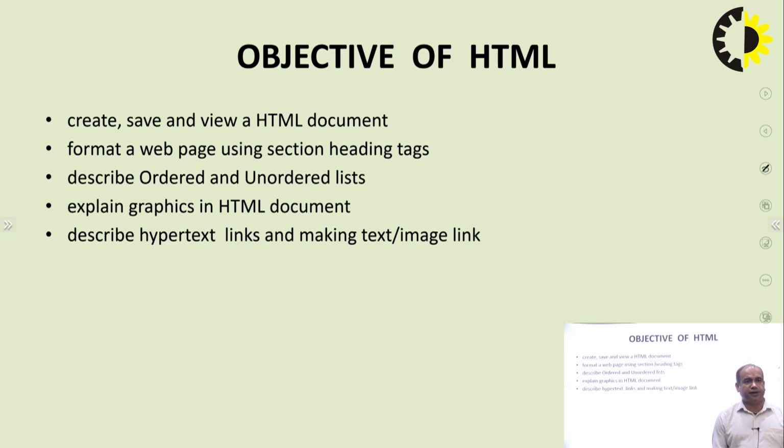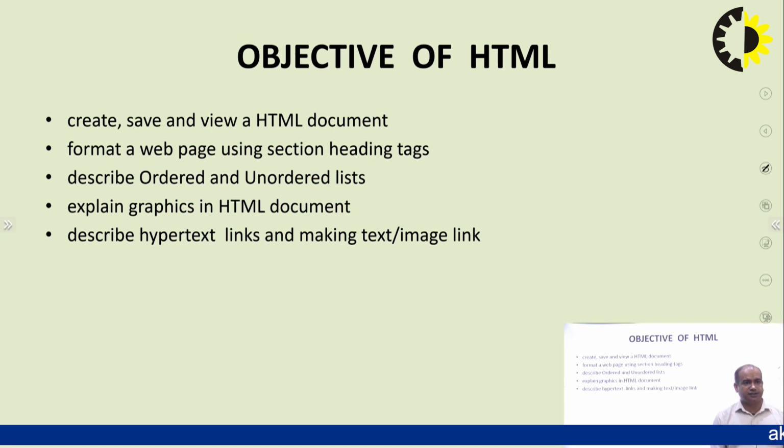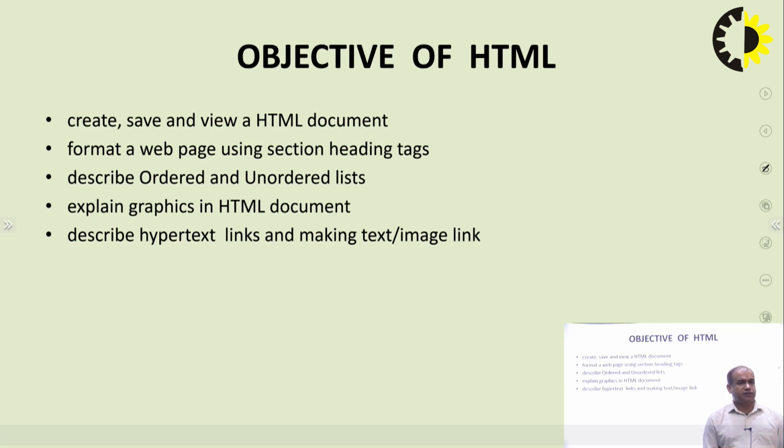So the objective of HTML is to create, save and view a document, format a web page using section heading tags, describe ordered and unordered lists, explain graphics in an HTML document, describe hypertext links and making text or image links.